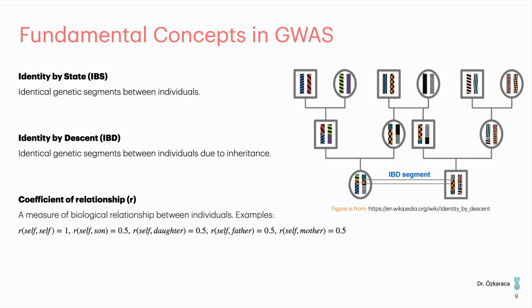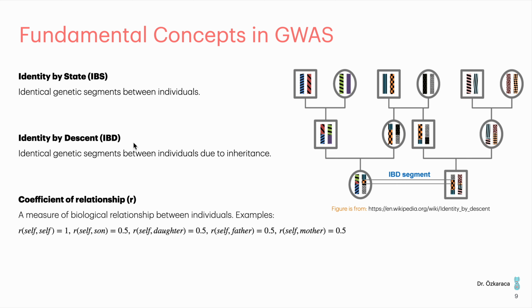And identity by descent indicates genetic segments identical at the same location between individuals, and that is due to inheritance. For example, if you look into this picture, which is taken from Wikipedia, you see these segments that are identical, and they are both inherited from this individual, so they have the same ancestry. So this is called identity by descent.